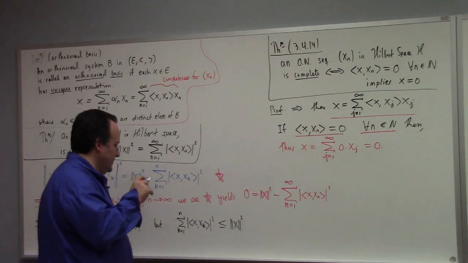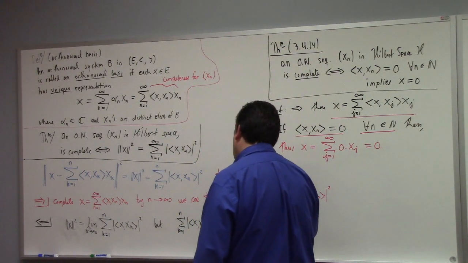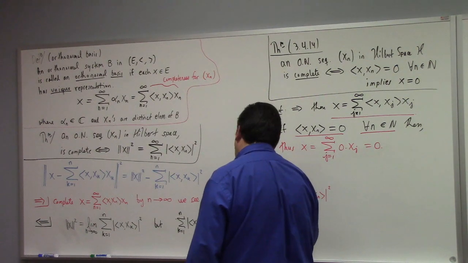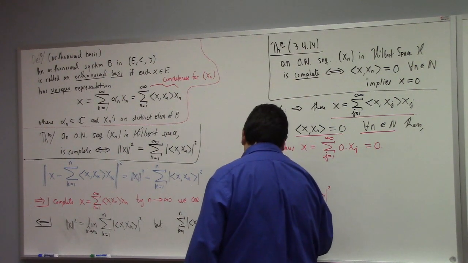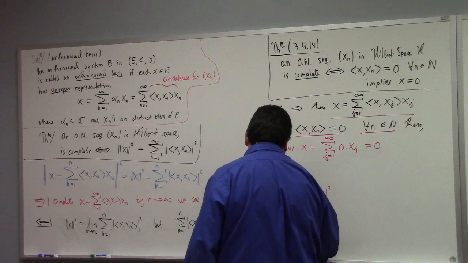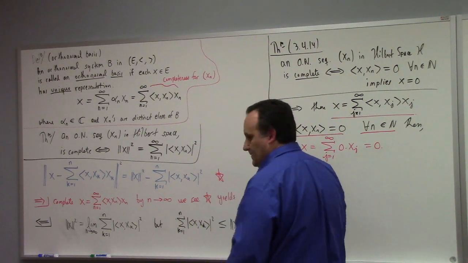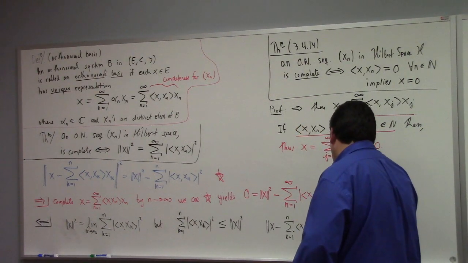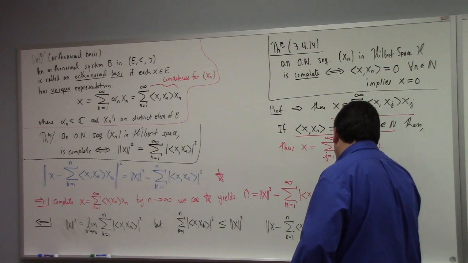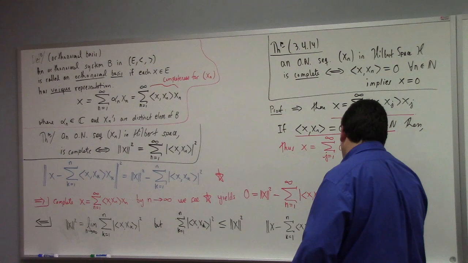Maybe just, how about this? If I have the norm of x minus the sum k equals 1 to n of the inner product of x with xk, that is less than or equal to, by the triangle inequality, the norm of x plus the norm of the sum.